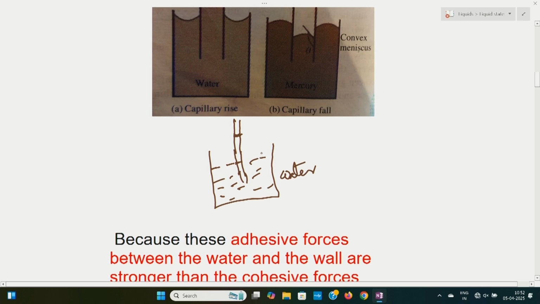This is because the adhesive forces between the glass and the water molecules are stronger than the cohesive forces of the water molecules. I will explain this a little more. The glass is made up of silicon dioxide, which has a tetrahedral structure.